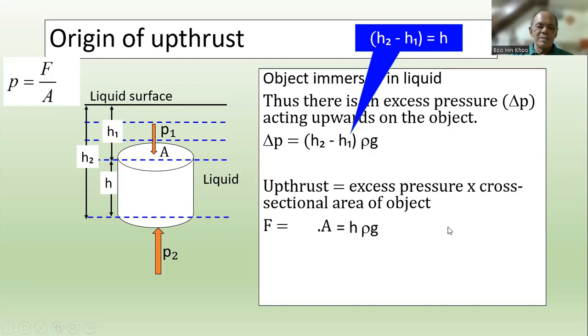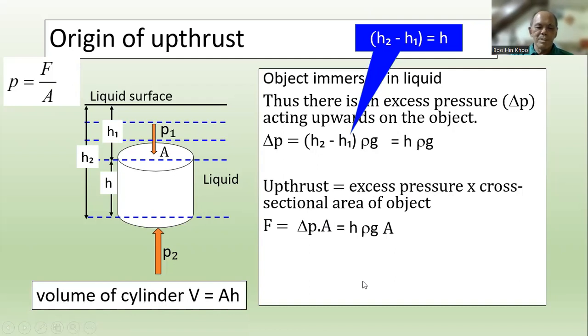This is the area here. AH is your volume. So there's your upthrust. It's V rho G, which equals the weight of fluid displaced.